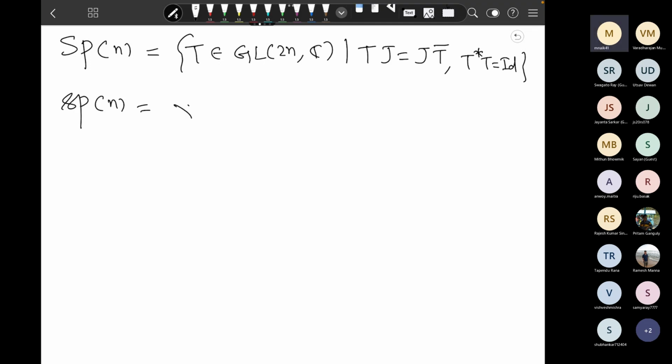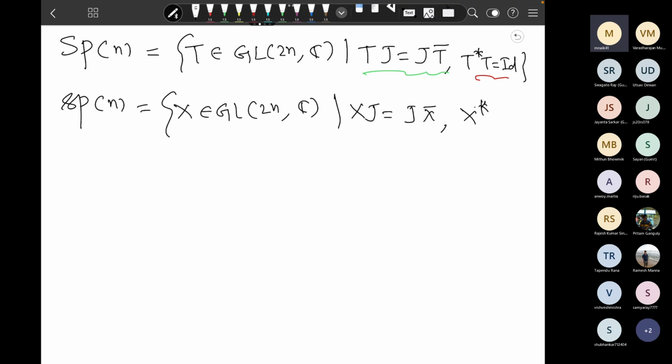Now, what will be the Lie algebra of Sp(n)? This will be X belongs to GL(2n,C). If I use this, that will give you Xj is equal to j X bar, and similarly this condition will give you X star plus X is equal to 0.